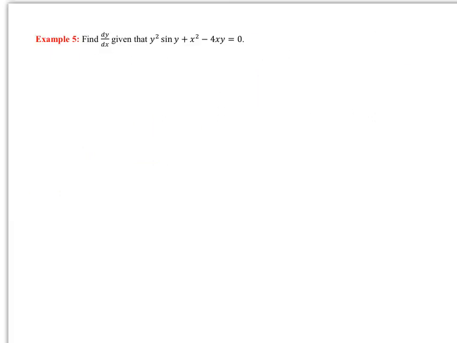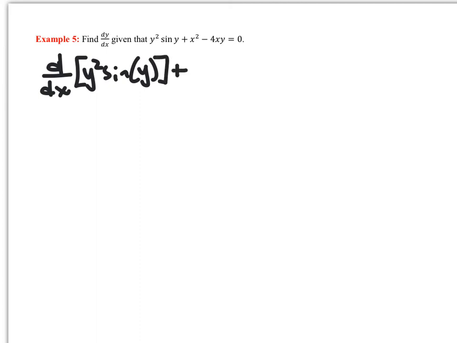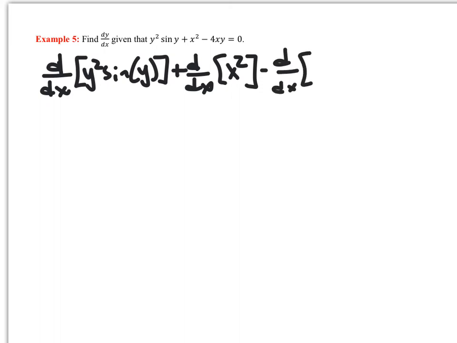Ooh, yeah, look at this one. Okay, we got some work. Let's write it out together. I gotta save some space here. Let's take the derivative with respect to x of y squared sine of y plus, let me split this up while I got it, plus d/dx of x squared minus d/dx of 4xy.